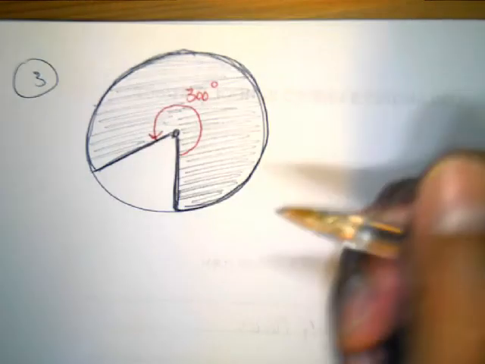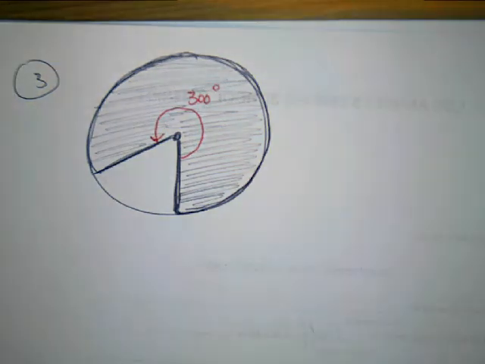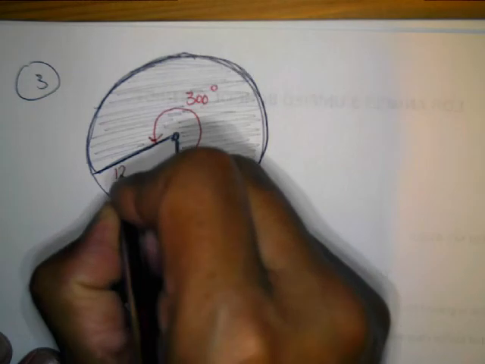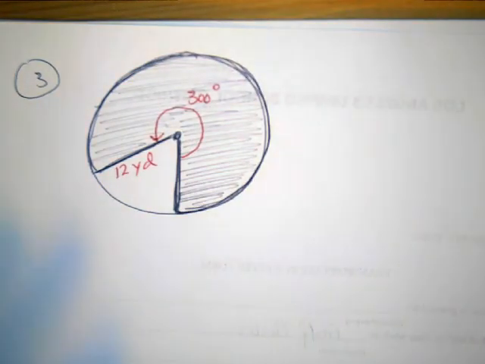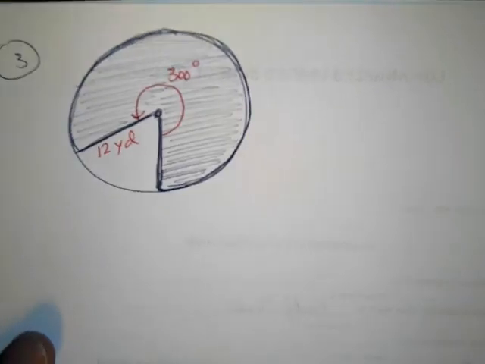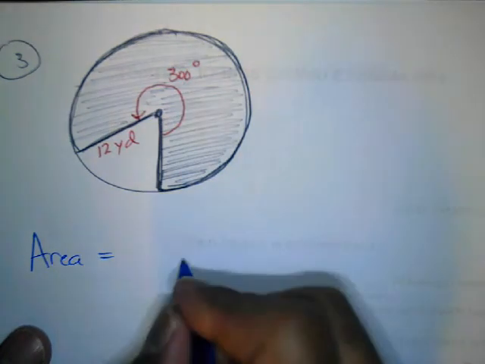Okay, so they tell you that the degree here is 300 degrees, right? It's almost the whole circle, but it's not. And then they put the number here, 12 yards, but that's the radius. They're going to give you both pieces of information that you need.